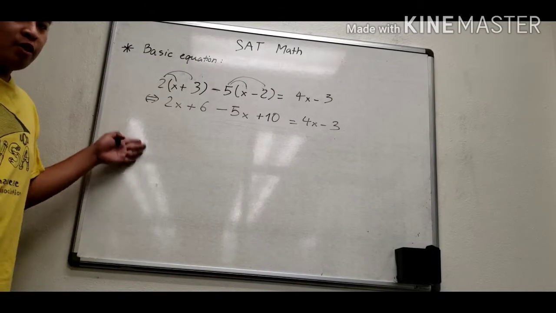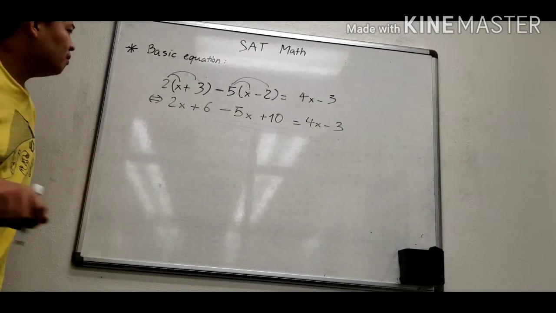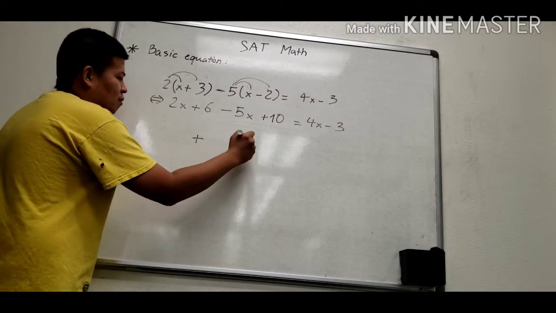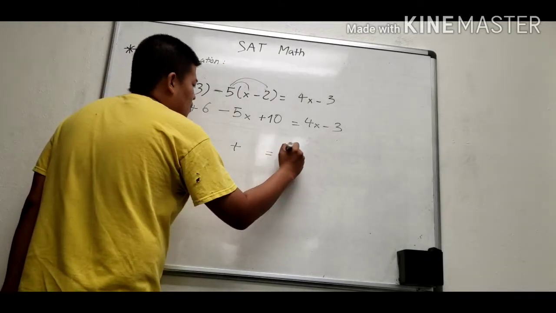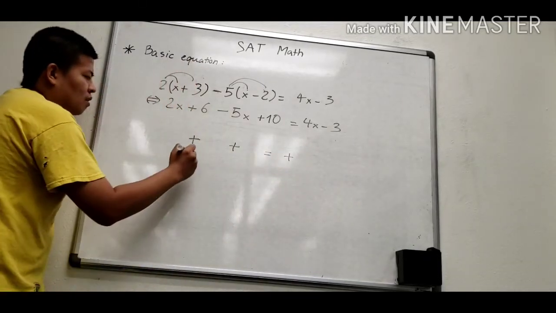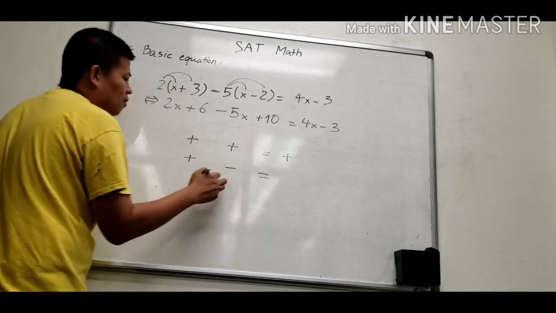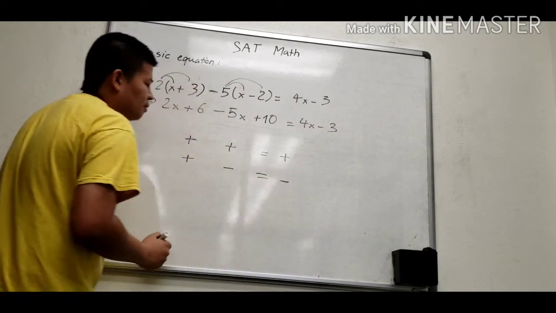From this point, I will show about multiplying the positive and negative. When we have two positive numbers multiplied together, they will become positive. But if the positive multiplies with the minus number in here, they will become the minus number.